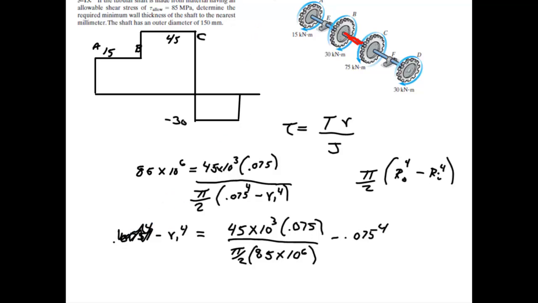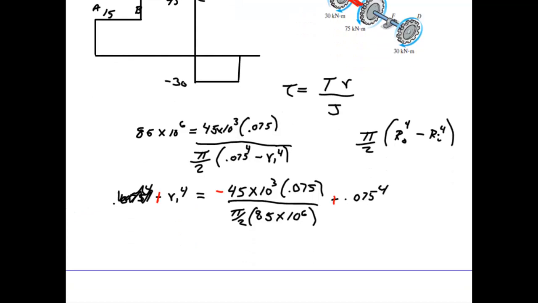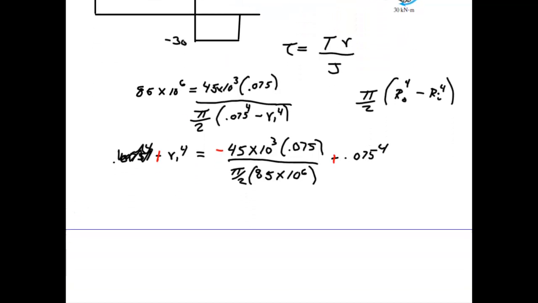Now we got to get rid of the negative, so we're going to multiply everything by negative. That gives me negative here, a plus here, and that gives me plus here. Now we got to get rid of the fourth, so I'll rewrite how we're going to do that.